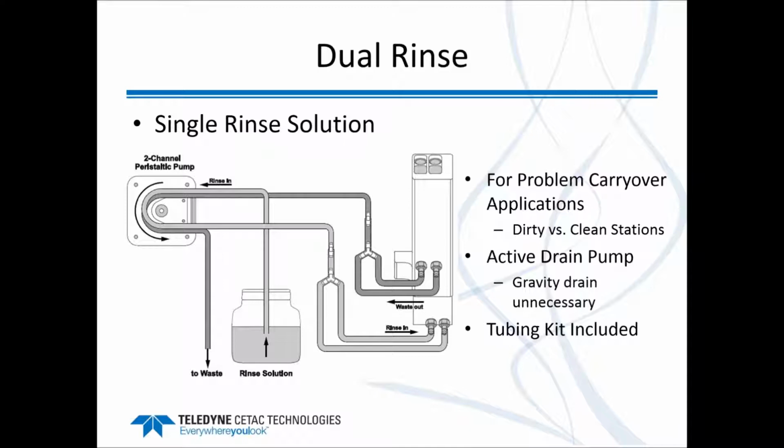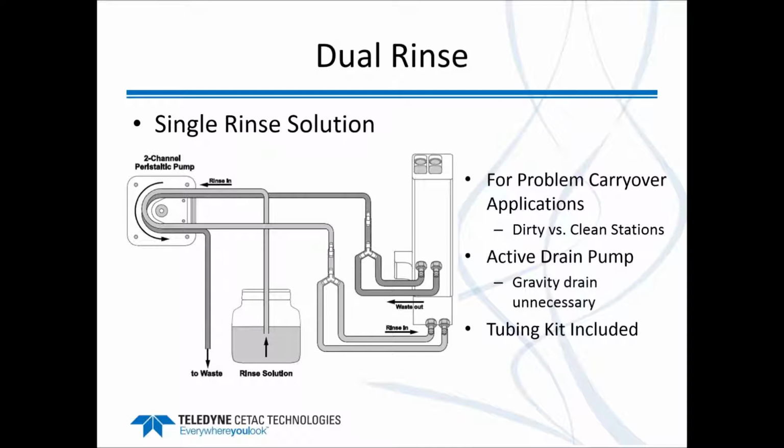Then it's configured with a slider simply by selecting how much time it spends in each of the two rinse stations. So the OEM software, or whatever software the autosampler is connected to, does not need to know that the dual rinse option is even installed. It's all happening in the firmware of the autosampler itself.